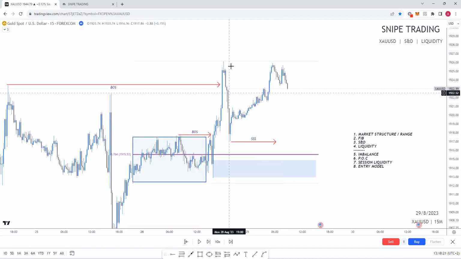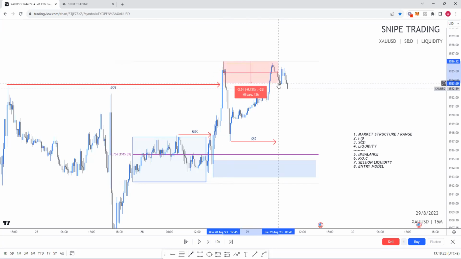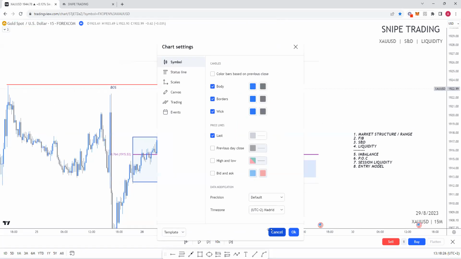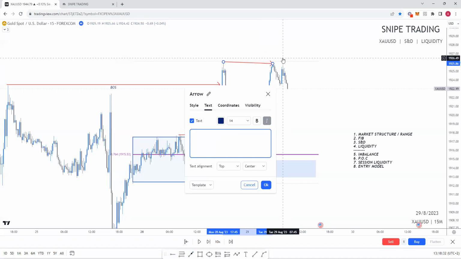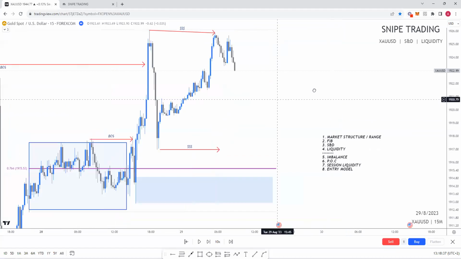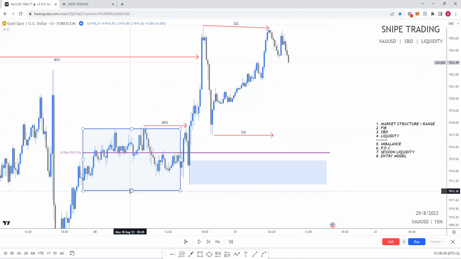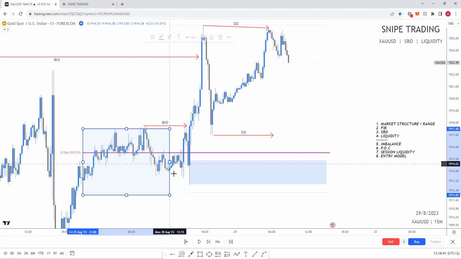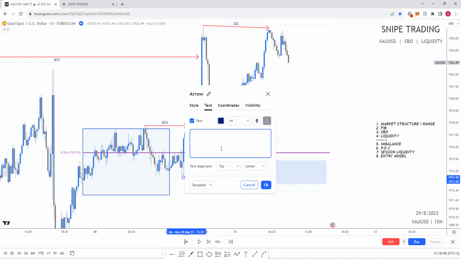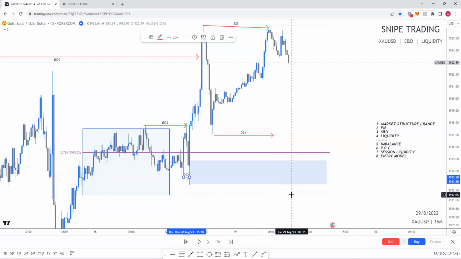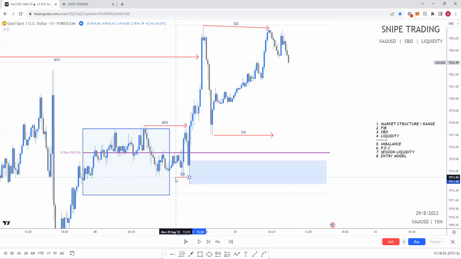We have these almost equal highs to target as liquidity. We're just going to look out for all of the relevant liquidity we have. And then on the range, we have external liquidity, which has been taken out when creating the zone. Let me make this bigger so you can see better.